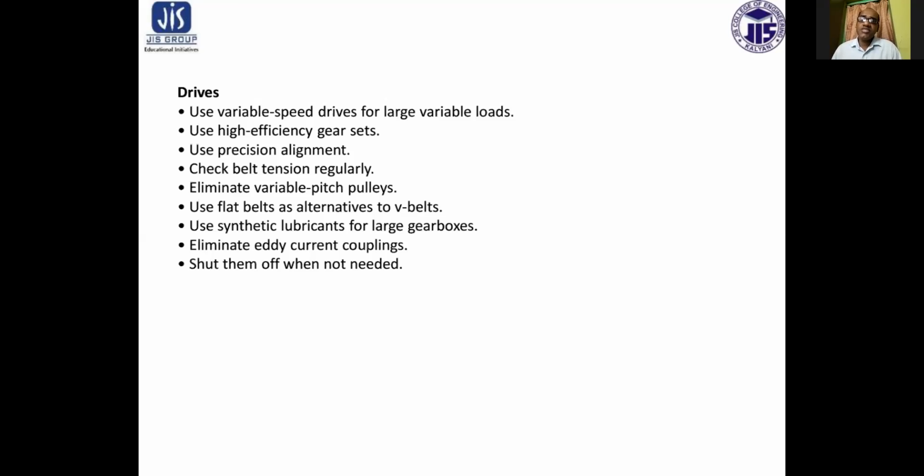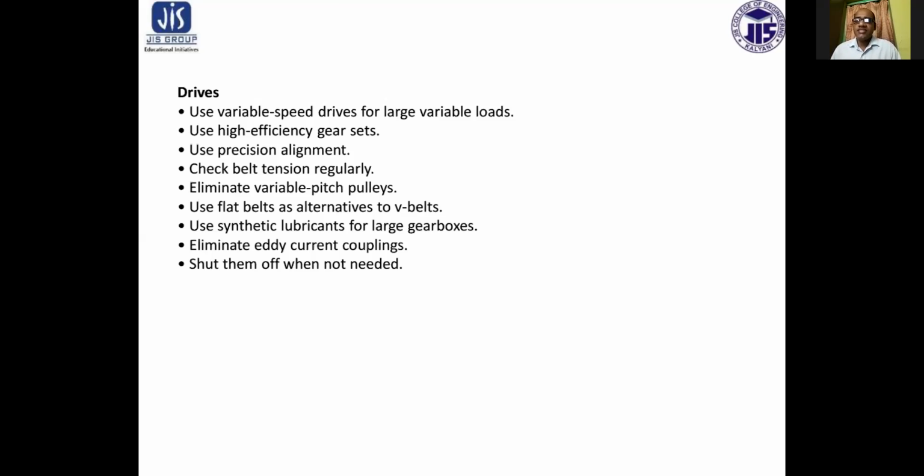Use high efficiency gear set, use precision alignment, check belt tension regularly. Otherwise, if the belt tension is slack, it will consume power, and the power will not be transmitted properly from one pulley to another. Eliminate variable pitch pulleys.